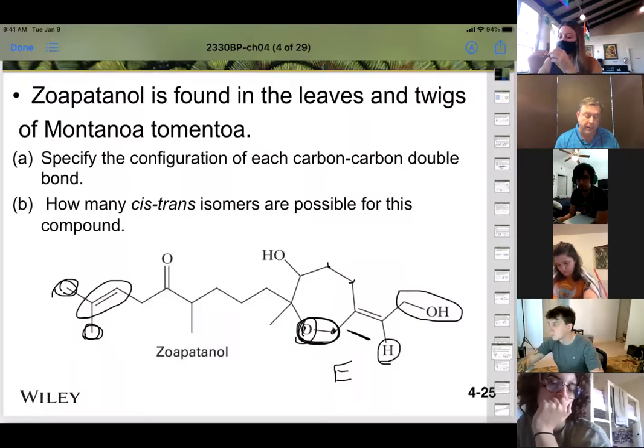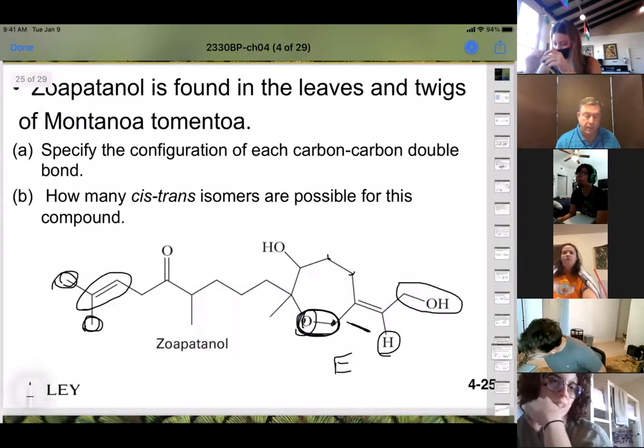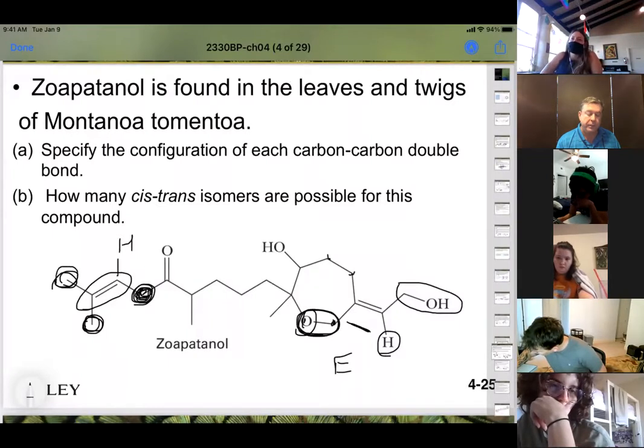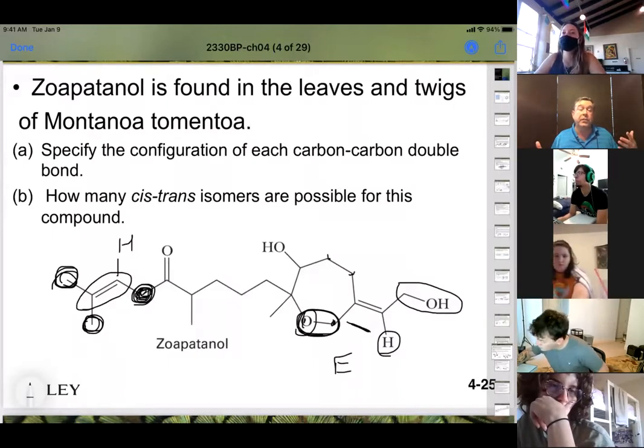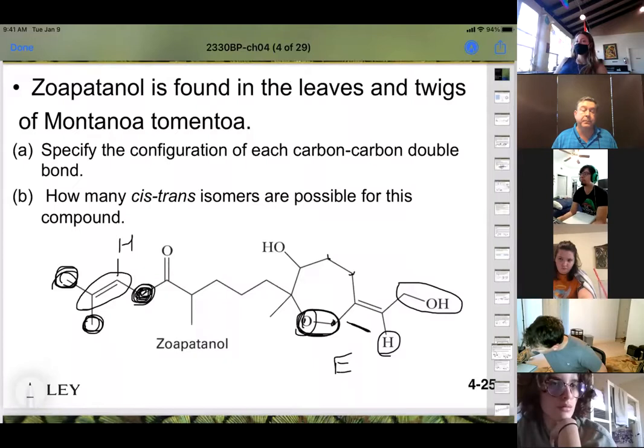Well, because we didn't have to. We had a hydrogen here and a carbon here, so this would have been the higher priority side on this one. However, there's no way to differentiate between these two. They're both CH3s, so neither one has a higher priority than the other. We can't assign cis and trans. We can't assign E or Z. Does that make sense?